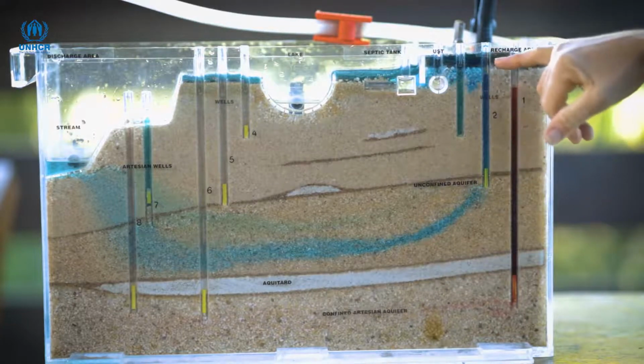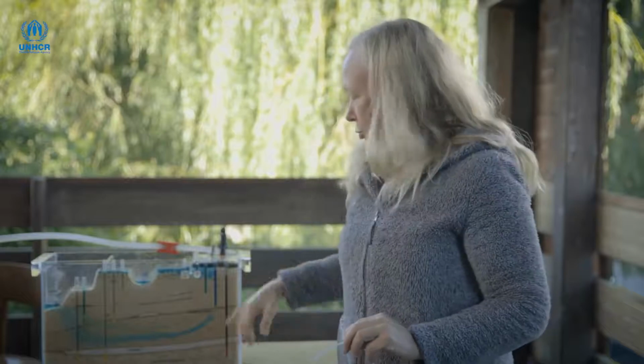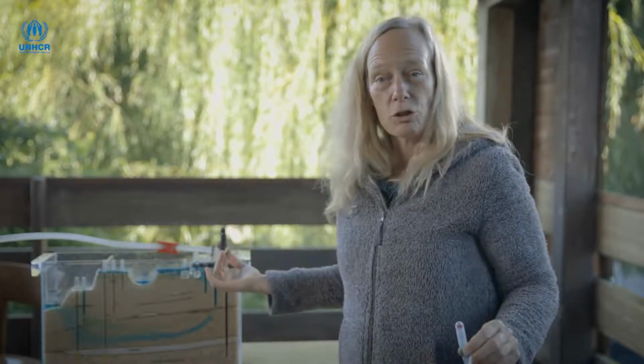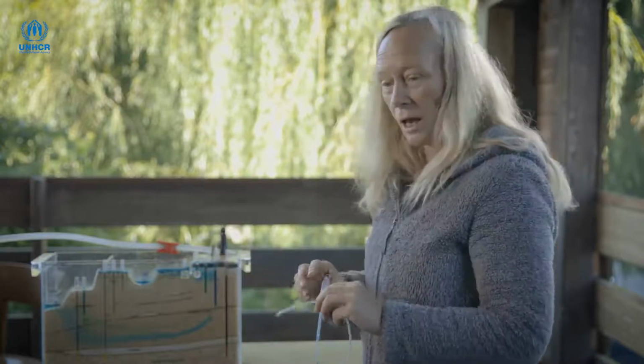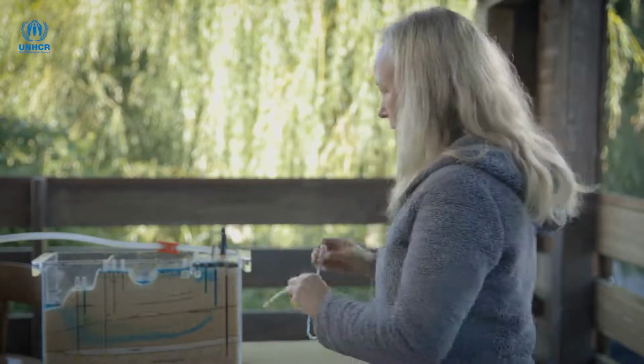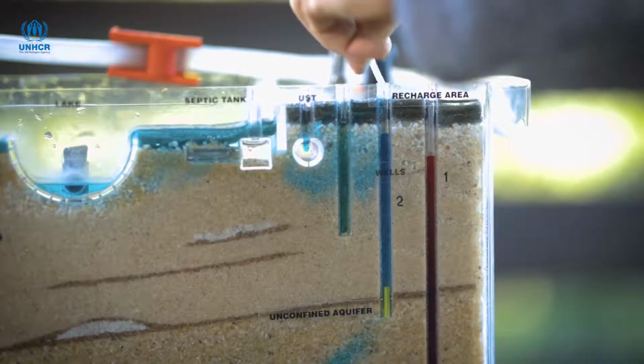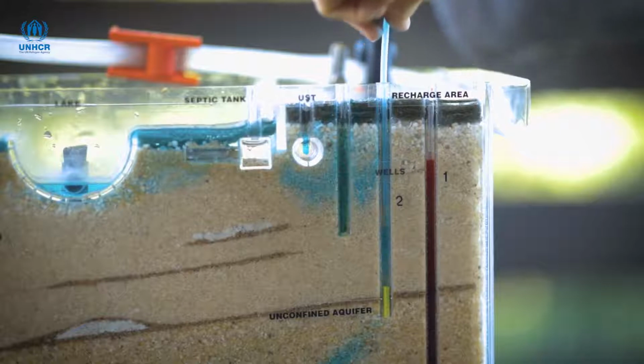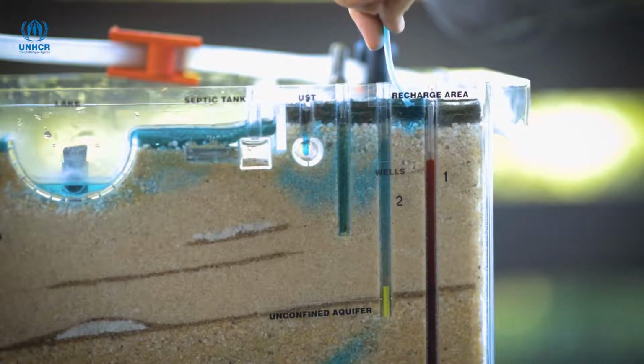So this is one big problem that one may get when one actually pumps contaminated water out of a well, is that one has to make sure where to discharge it in order to get it away and not recontaminate an area. So this one here, we will say we've uncontaminated it by pumping.